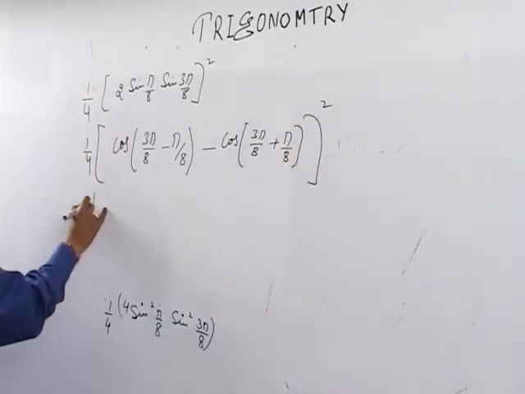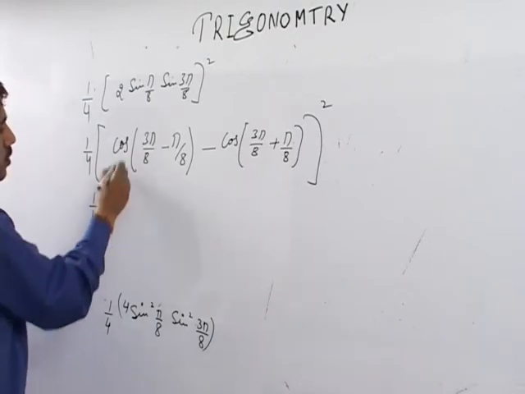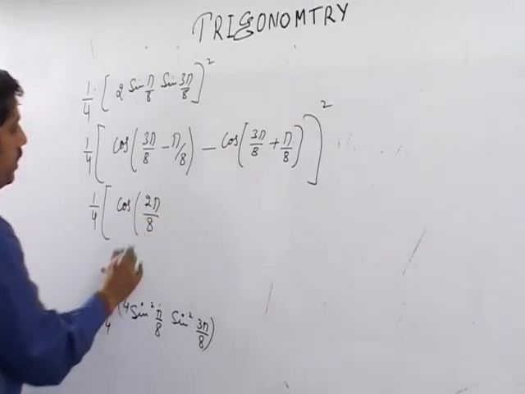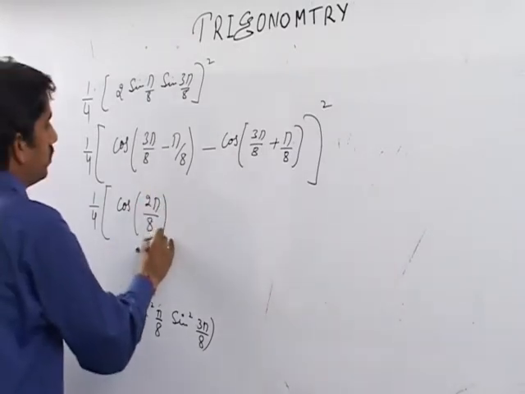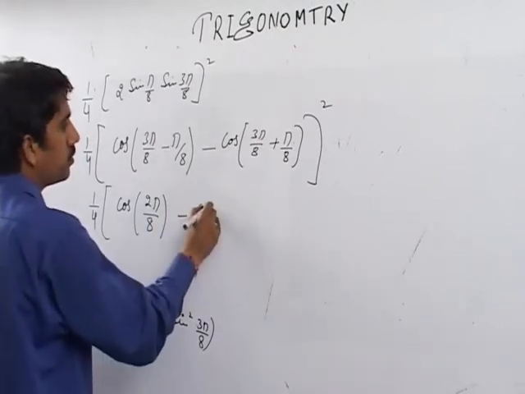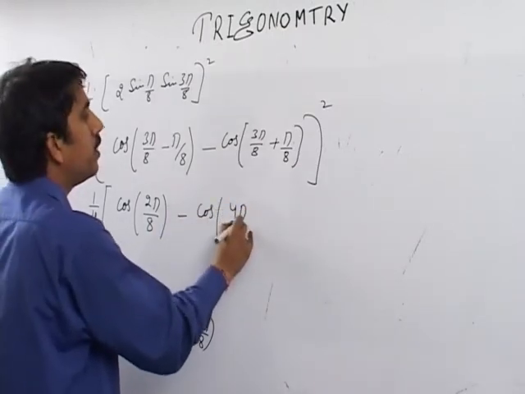Now this is equal to 1 by 4 cos 2 pi by 8 minus cos 4 pi by 8.